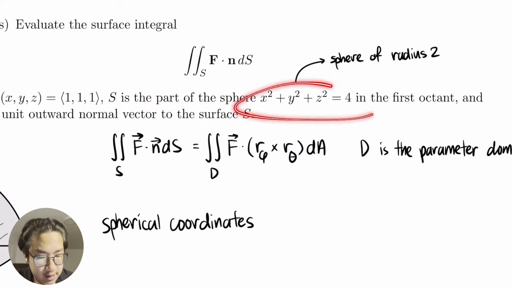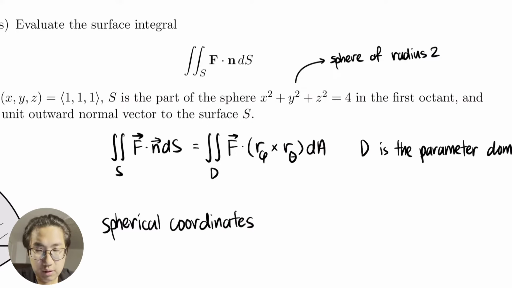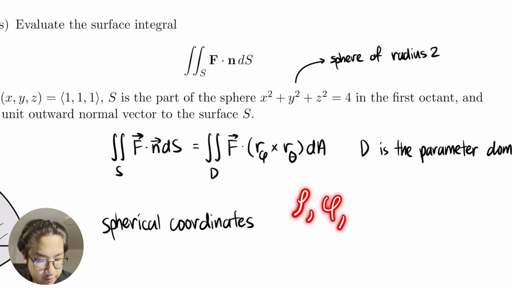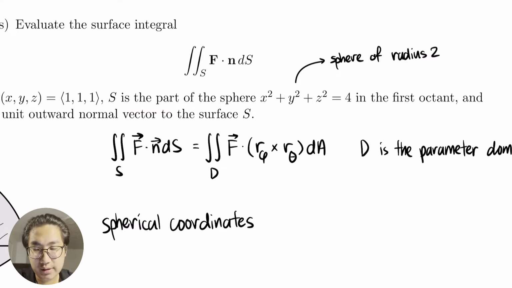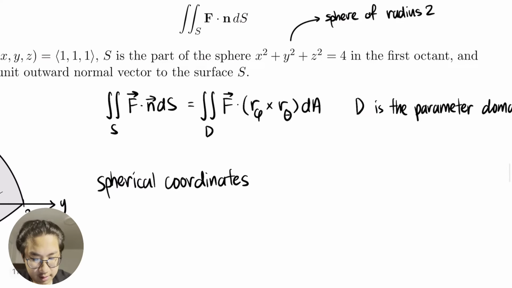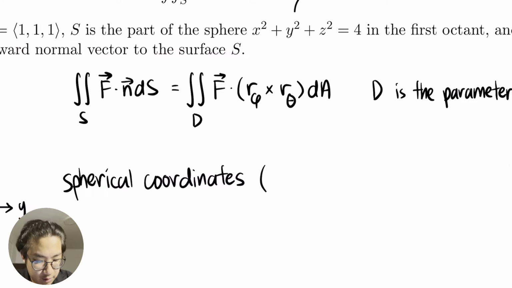This again is a sphere of radius 2, and if you recall the change of variables formulas, we know that one of the variables can effectively be eliminated. Normally in spherical coordinates we have rho, phi, theta, but in this case rho is a constant, right? So we're only left with two variables. So in this case rho is equal to 2, or effectively rho is held constant.